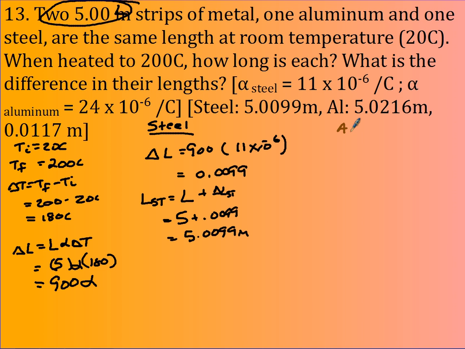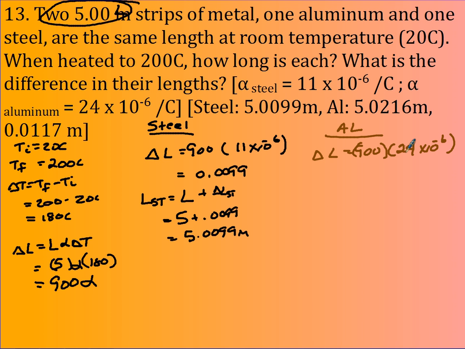Let me do this in brown. For aluminum, delta L is 900, because remember I've multiplied L and delta T, times 24 times 10 to the negative 6.